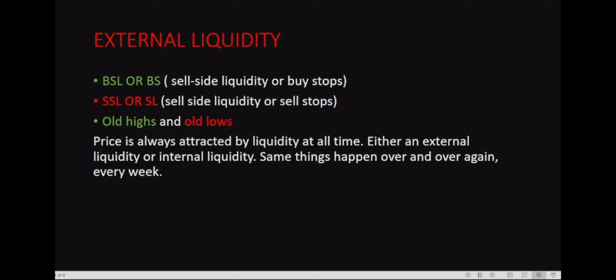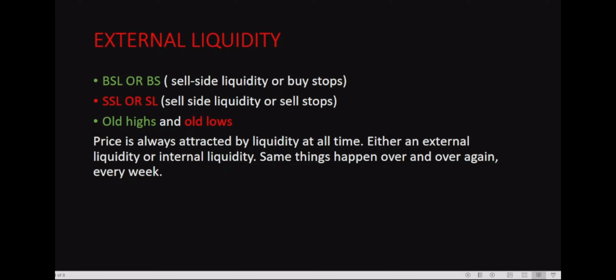I am not going to say you are wrong, but that is actually not the right term for that. You have to be specific, know exactly what you are looking at, and be correct with your annotations. Okay, single highs, single lows, they are buy stops, sell stops. Double bottoms, all the retail patterns, they are liquidity pools, as long as price stays there for a very long time. But if price just comes there once and rejects, then it becomes a single point of liquidity.